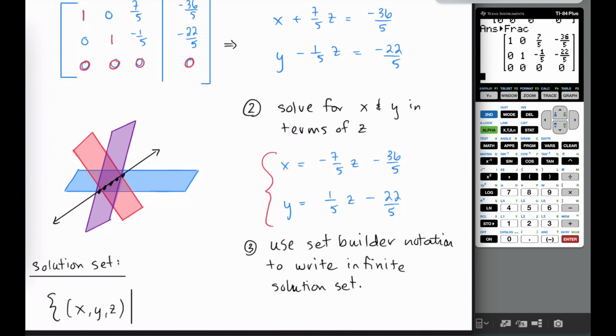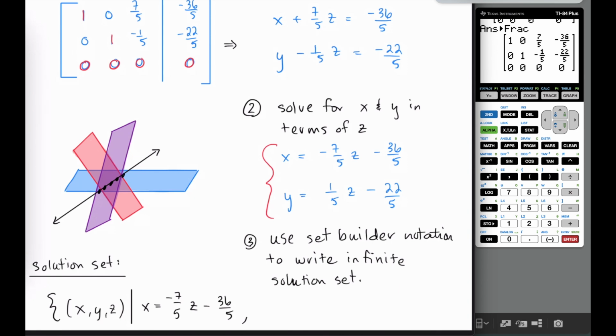Given a value of z, we would plug that z into this equation to get the corresponding x value to determine what x would need to be in order to put us onto that line. Given a value of z, we would plug that quantity into this y equation to determine what y would need to be in order to put us onto that line. And z is the quantity that takes on any real number.